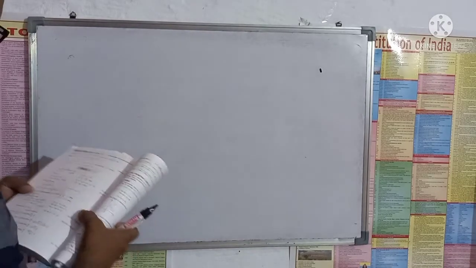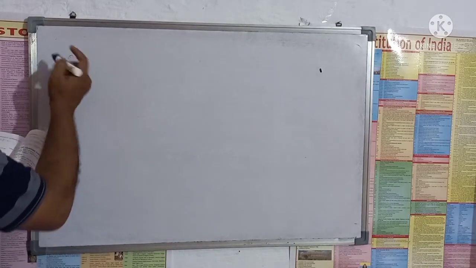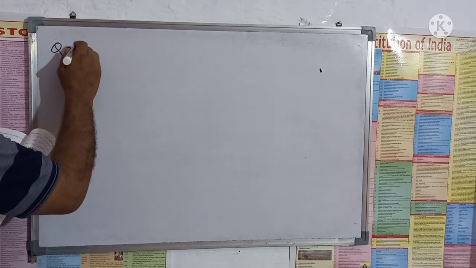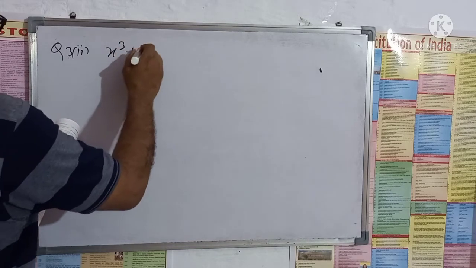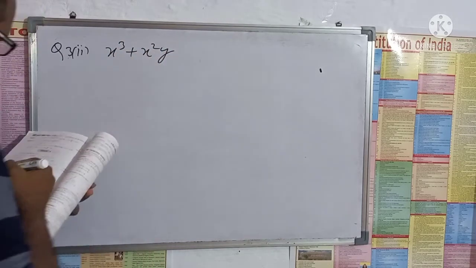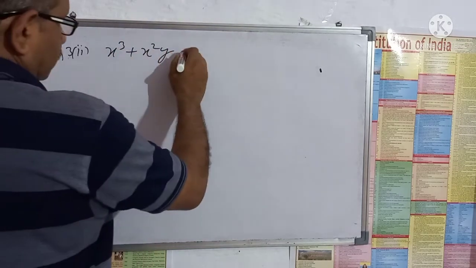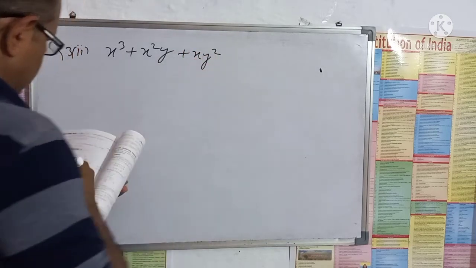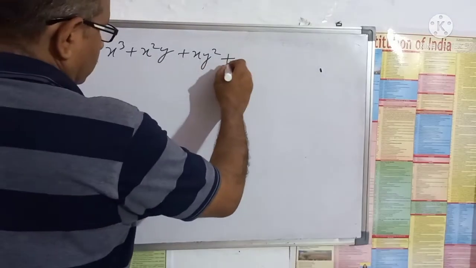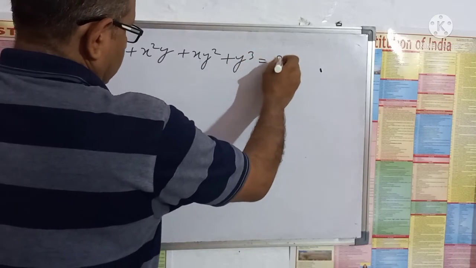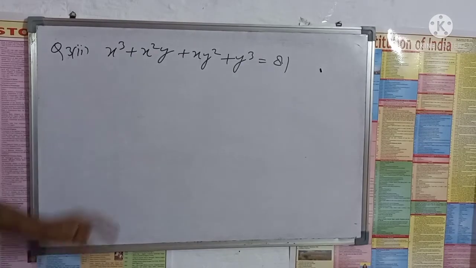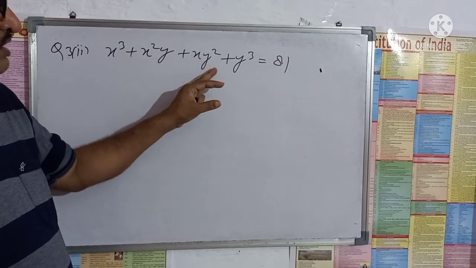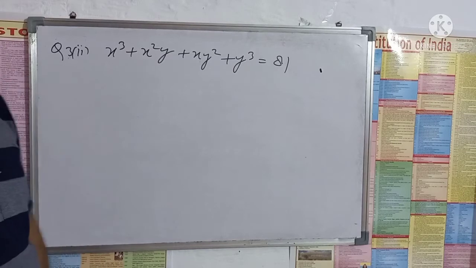It is x cube plus x square y plus xy square plus y cube is equal to 81.